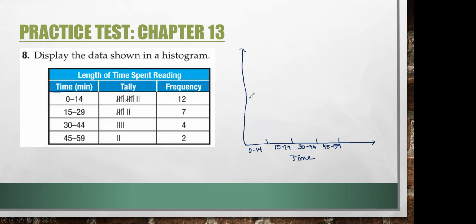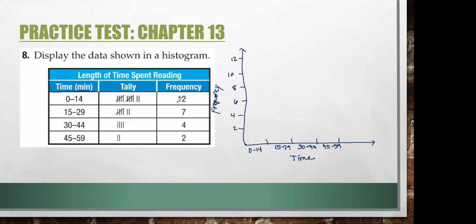And then we're going to set up the frequency over here. So it goes up to 12. So I'm going to go by twos. 2, 4, 6, 8, 10, and 12. So this is the frequency.